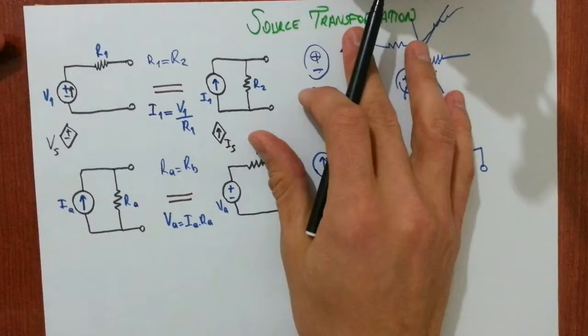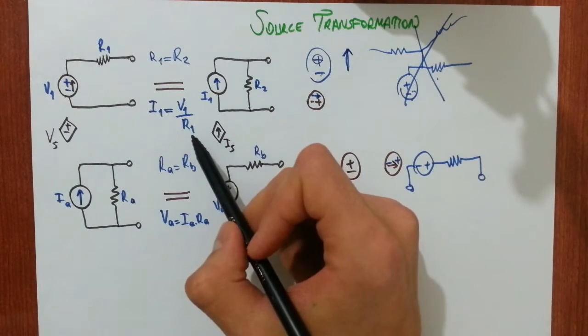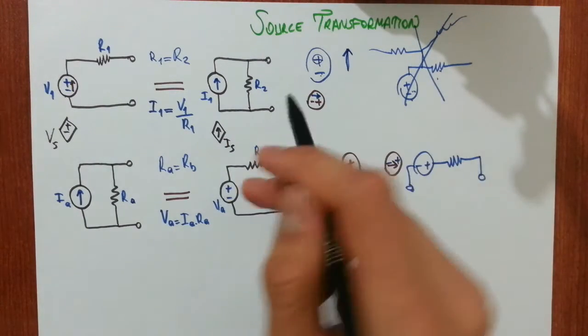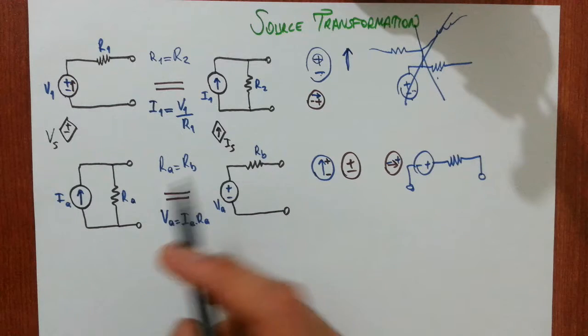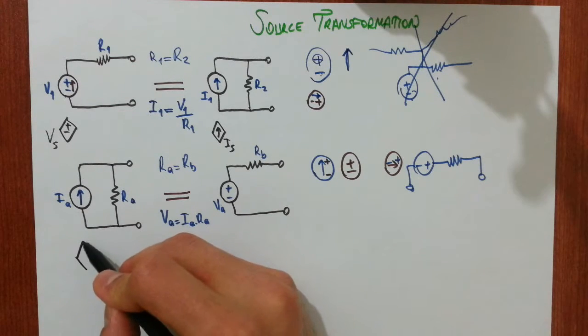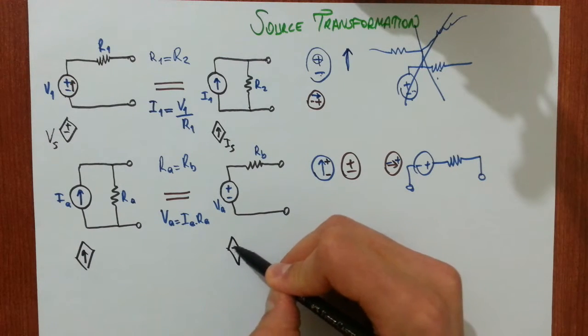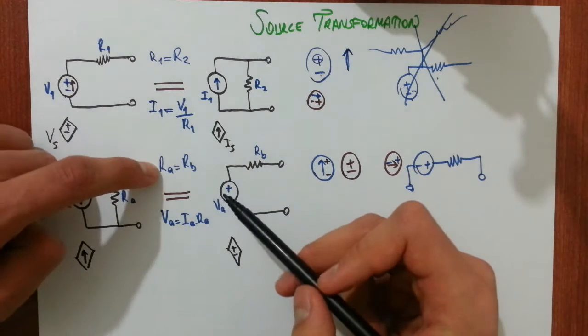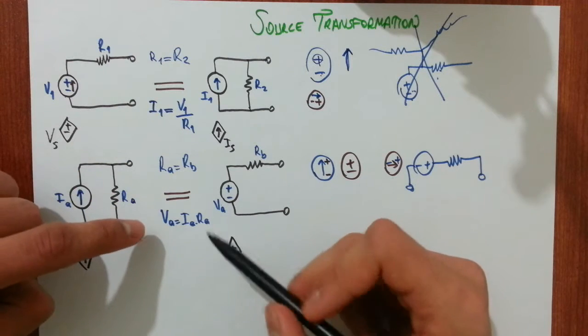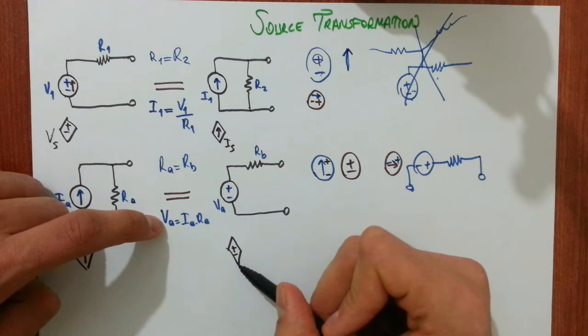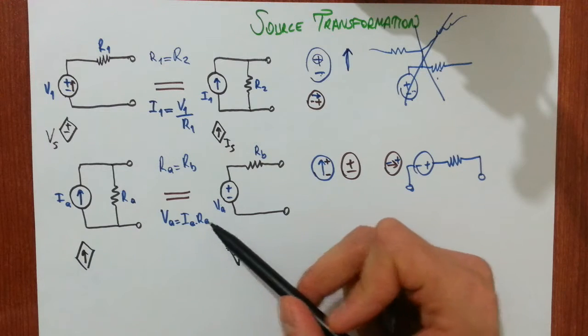So IS is equal to Vs over R. Same relation, and the same relation also applies here. Assume you have a dependent current source and you want to convert it to a dependent voltage source. Resistance again the same, and the voltage value is simply IA times RA.